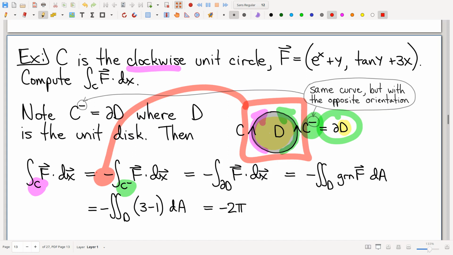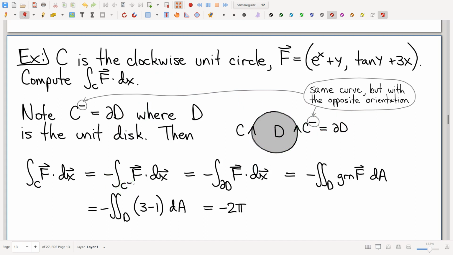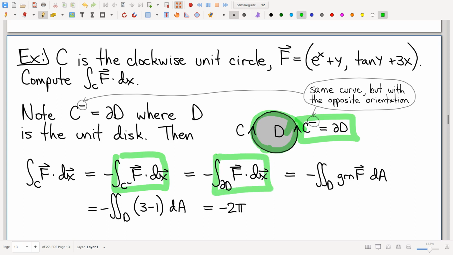That's right. All right. So with that minus sign accounted for, very conveniently, I'm looking now at a line integral around the boundary of my two-dimensional region. Boundary means I can apply Green's theorem.